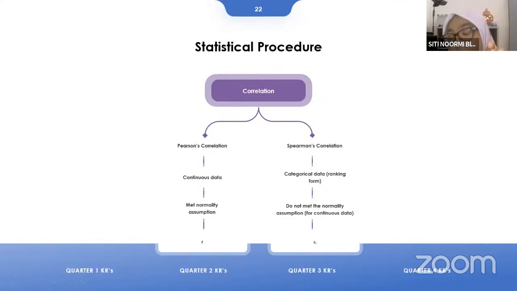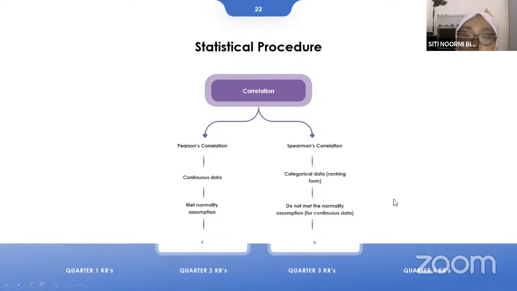If let's say both your IV and DV are in either ratio or interval scale of measurement and it meets the normality assumption, then you can proceed with this type of analysis. We use italic r to represent the Pearson correlation coefficient.